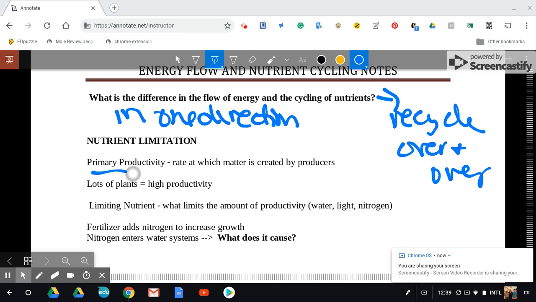Primary productivity is how much matter is created by producers in a specific amount of time. So something like the rainforest is going to have a high amount of primary productivity. And if you hear the word limiting nutrient, that's going to limit how much productivity there is. For example, the deeper you go in the ocean, light is going to be a factor.